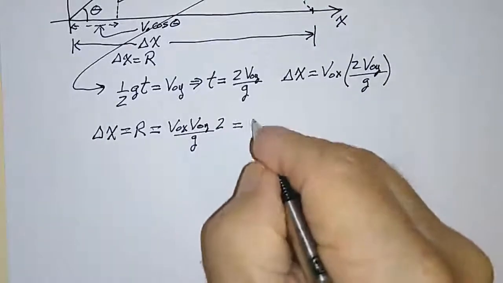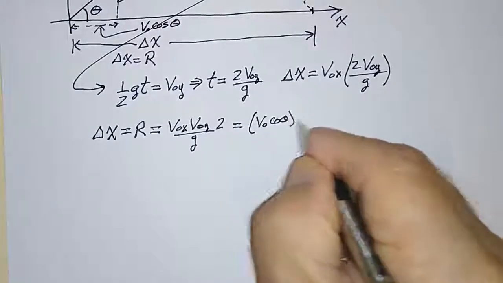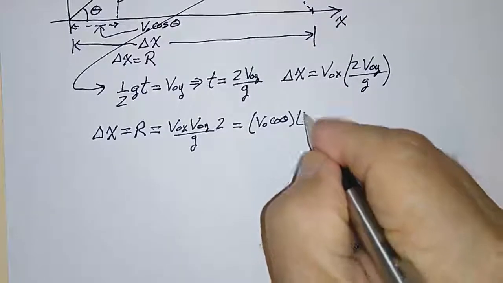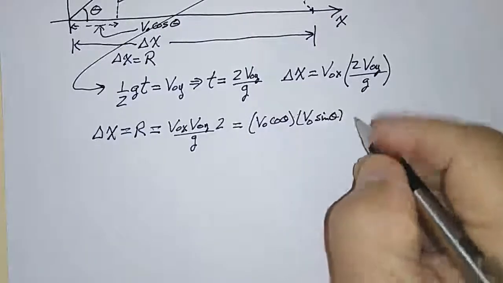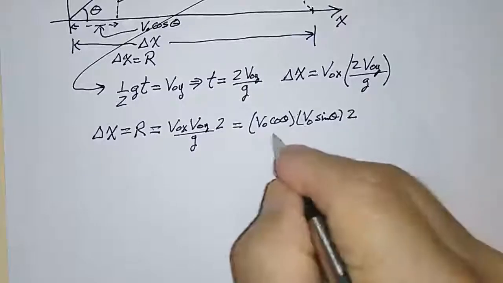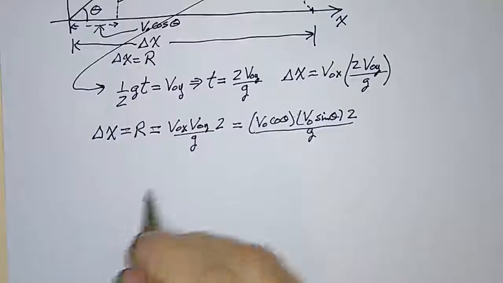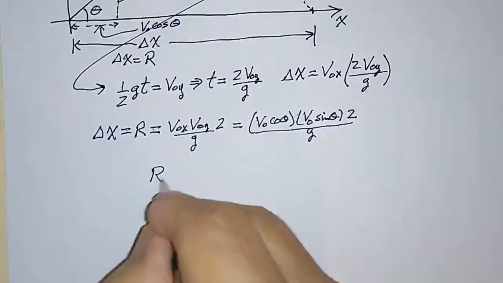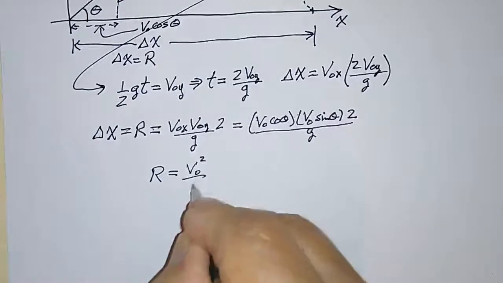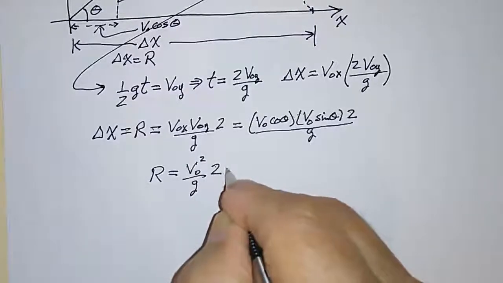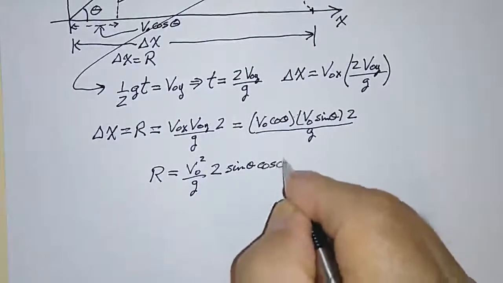So that's equal to v0x, which is v0 cosine theta, times v0y, which is v0 times sine theta, and that's equal to 2 all over g. And I can simplify this a little bit by writing that R then is equal to v0 squared over g times 2 sine theta cosine theta.